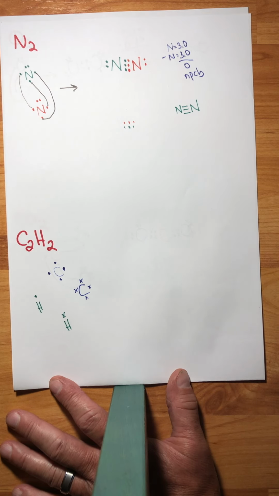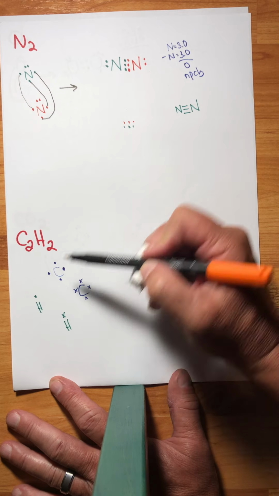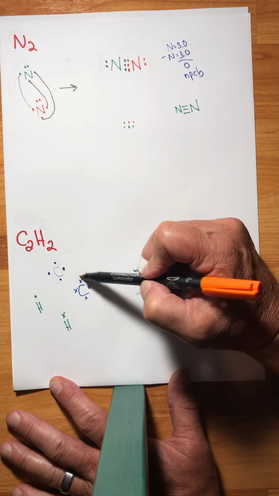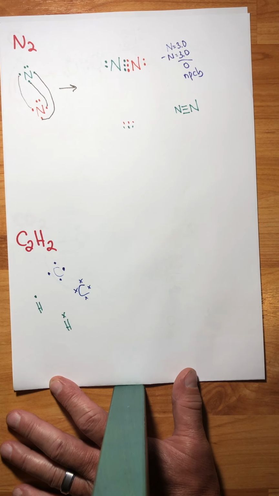Okay? I'm not going to actually draw it, but if you hook this one up here, here, and here, these two end up being single still. That's just one of the ones that you can see wouldn't work.